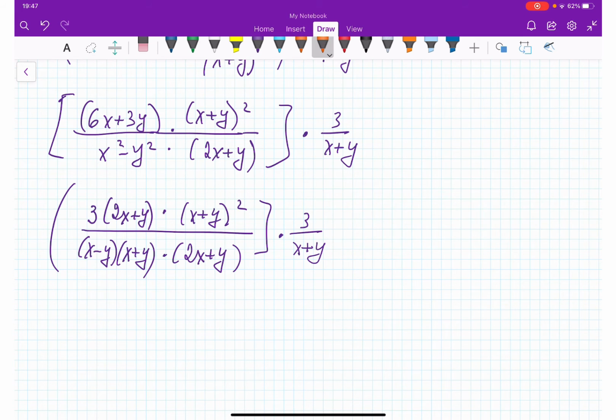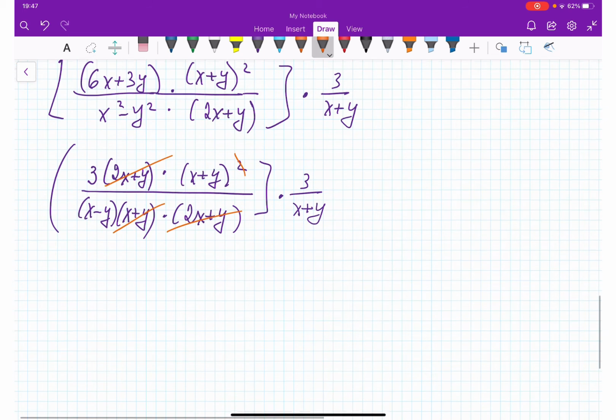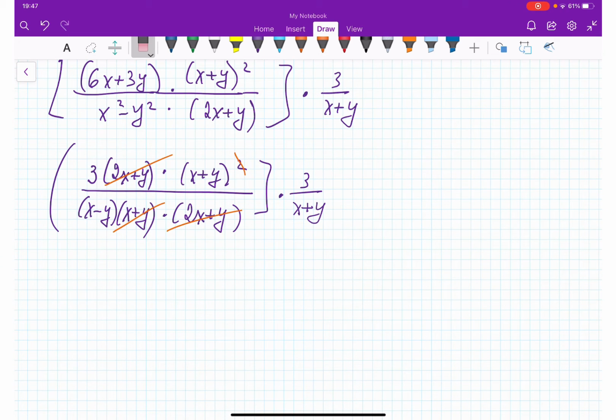So 2x + y are canceling each other. (x + y)², this squared cancels with this x + y, and as a result we are getting 3 times (x + y). In the denominator, we have only x − y.